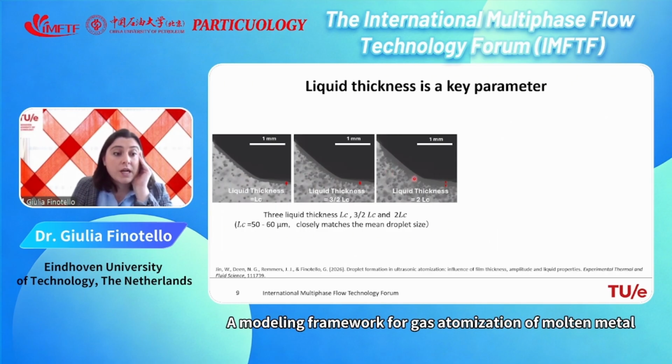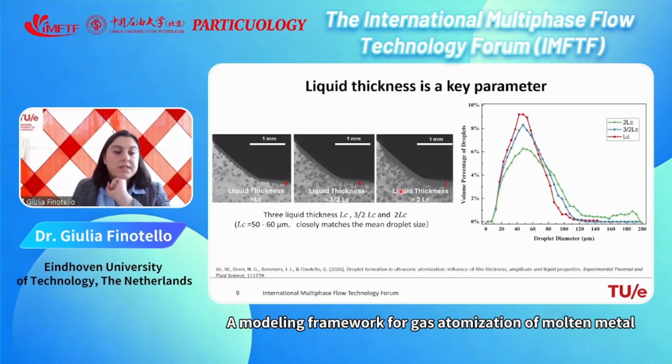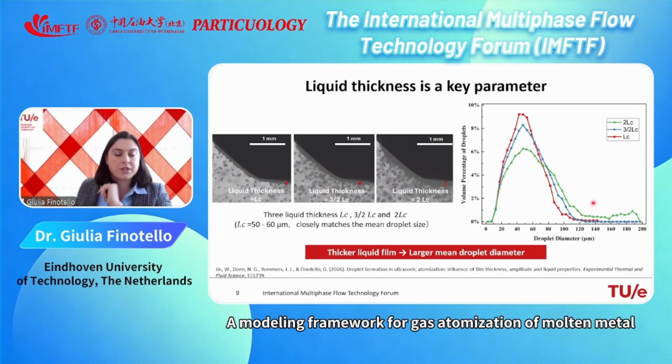If we look at the drops that are generated from these three scenarios, then we find different size distributions. So you see definitely here that when we have larger liquid thickness, we shift our size distribution towards larger droplet diameter. So a thicker liquid film produces larger mean droplet diameter.